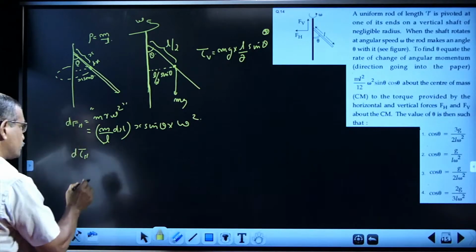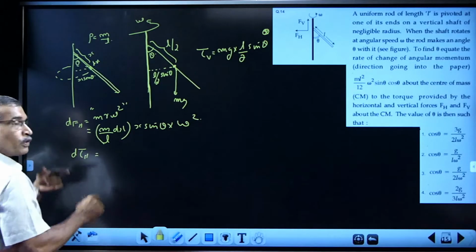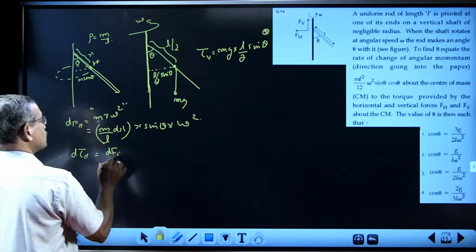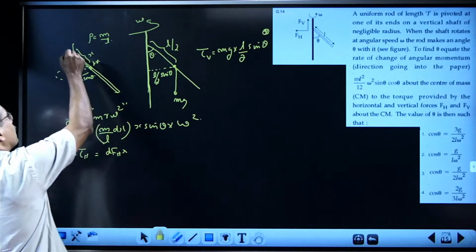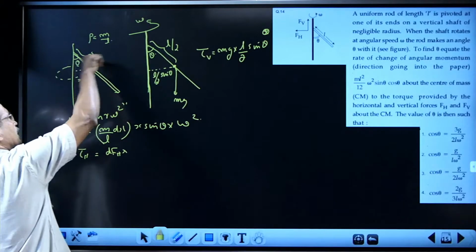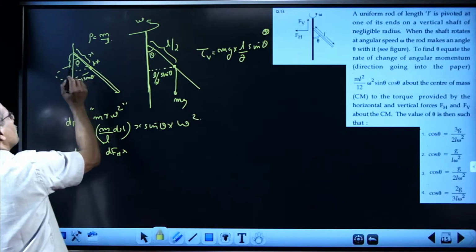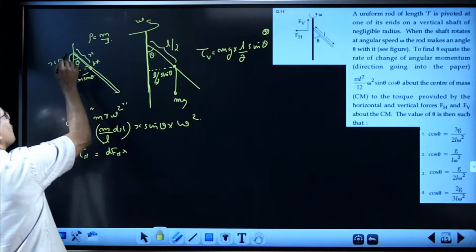Torque due to this force is equal to force into the perpendicular distance. That is dF into the perpendicular. This is the direction of the force, and this is the perpendicular distance, which is x cos theta.